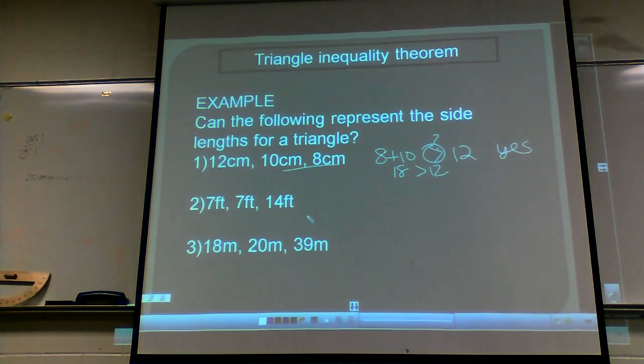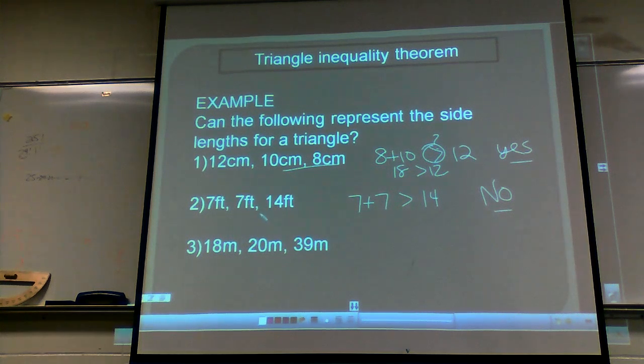If I go down to the next one, what 2 numbers am I going to add together there? 7. So I would do 7 plus 7, and see, is that greater than 14? 14 is not greater than 14, so my answer is no. You could almost draw a triangle that fits that.